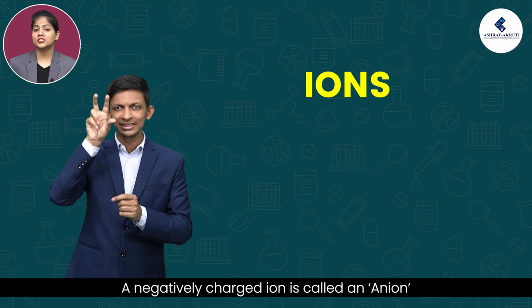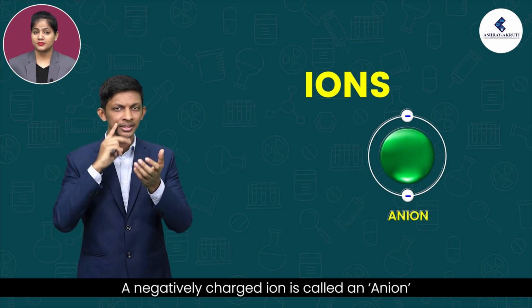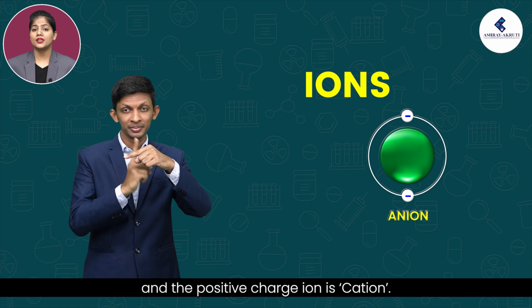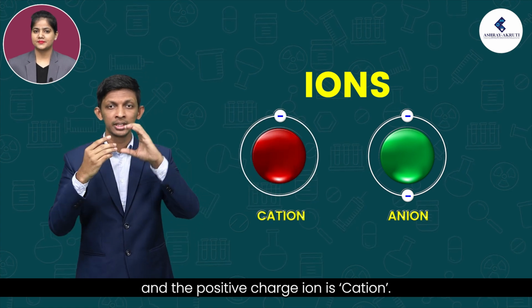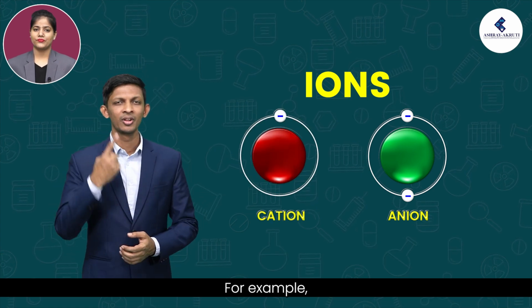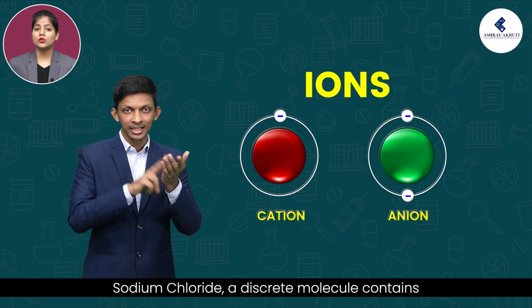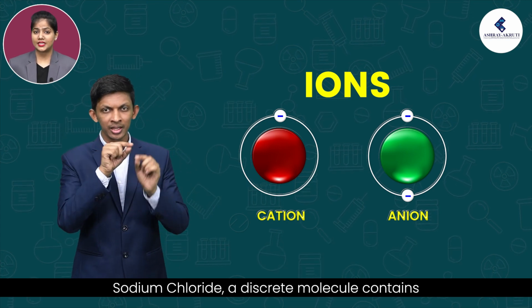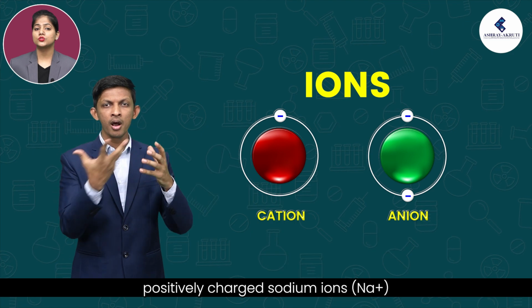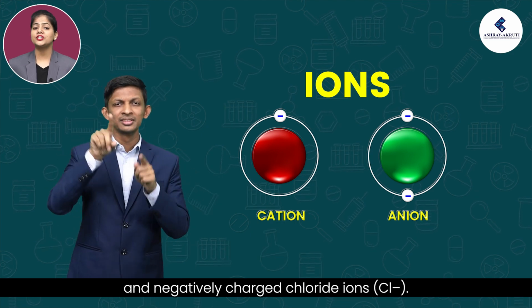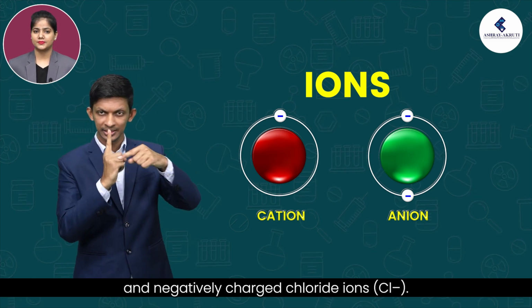A negatively charged ion is called an anion, and the positive charged ion is cation. For example, sodium chloride, a discrete molecule, contains positively charged sodium ions and negatively charged chloride ions.